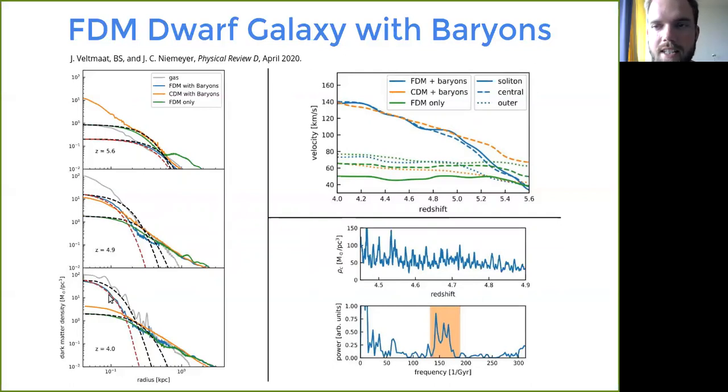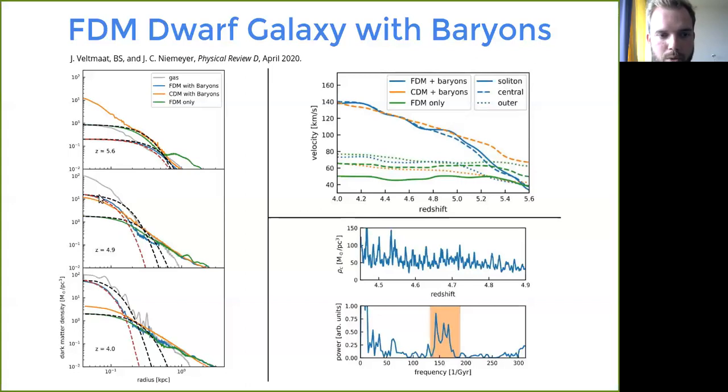In this case, it is not well fit by the standard soliton profile, which you can see here in black. But due to the additional gravitational potential from the baryons, it is actually altered. And this new effective profile that accounts for the external gravitational potential due to the baryons and stars and so on is here given by the red curve.